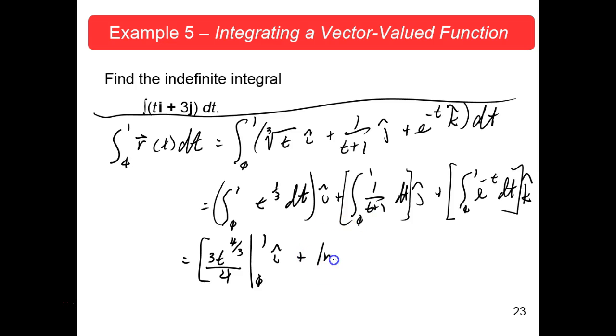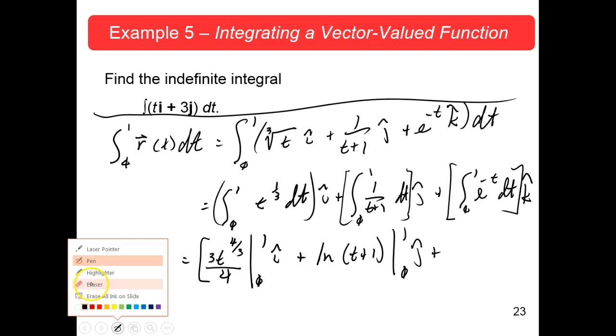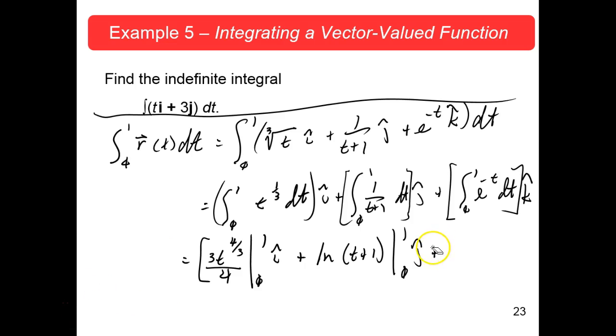Plus the natural log of t plus 1 evaluated from 0 to 1 j plus, or maybe not, negative e to the minus t k.